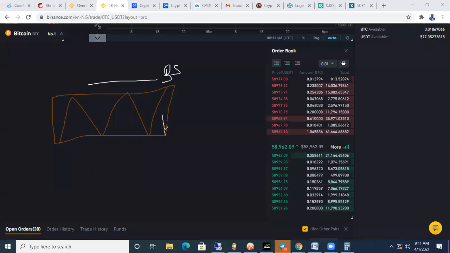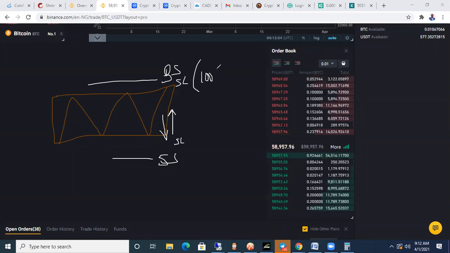Then you have people who have actually initiated a sell, but they have their stop loss here. Then down here, you have sell stops and people who have initiated a buy and then have their stop loss outside this range. The volume of cash you have here is $100 billion.